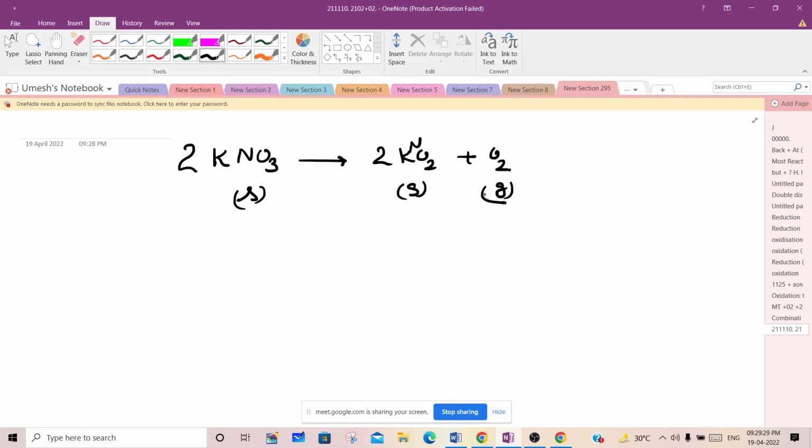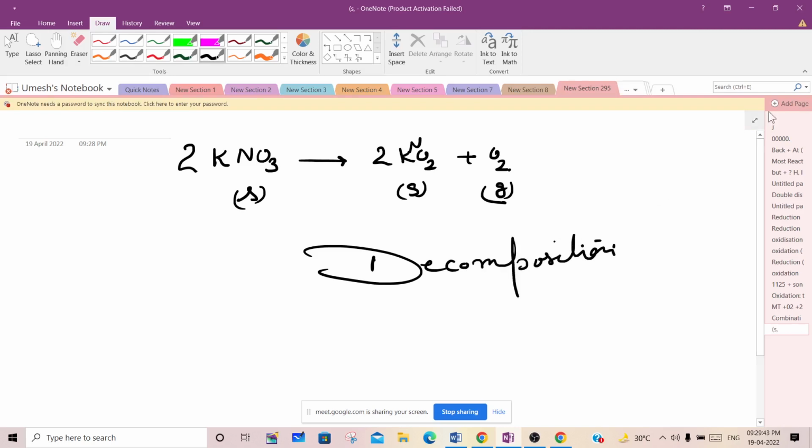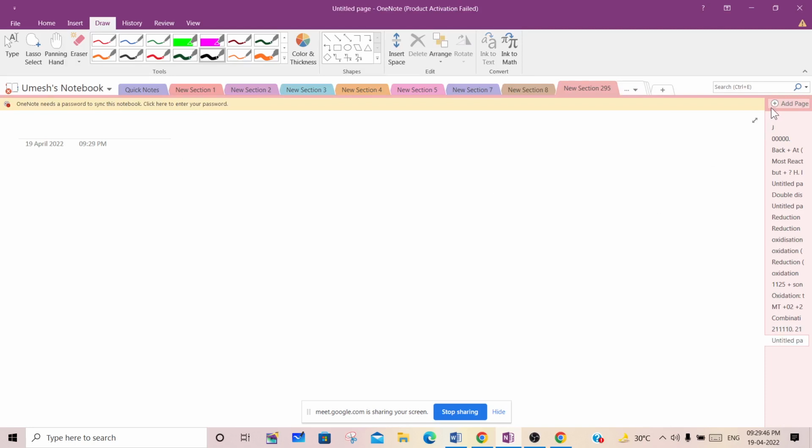Yes, Joe Daniel? Decomposition reaction. Everybody agree with this, Vedant? Yes, sir. Smriti Iyer, now you tell me what type of reaction it is.